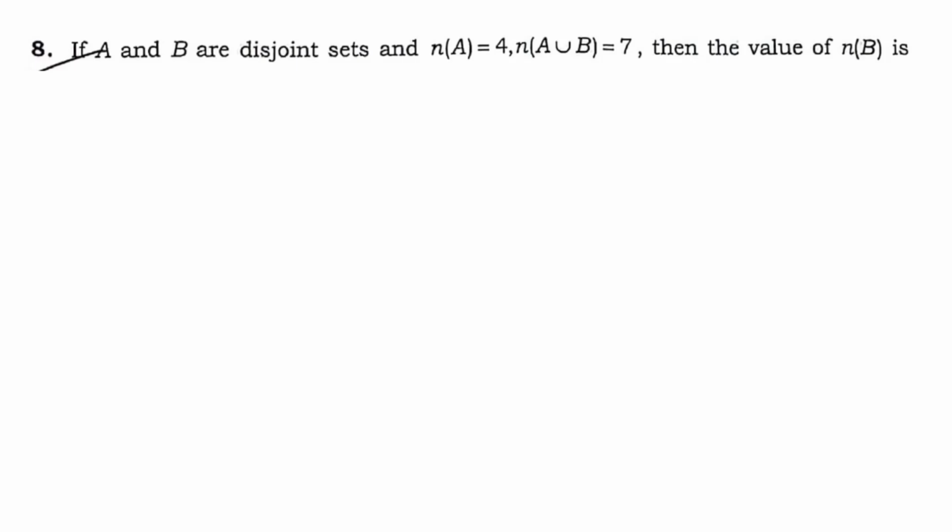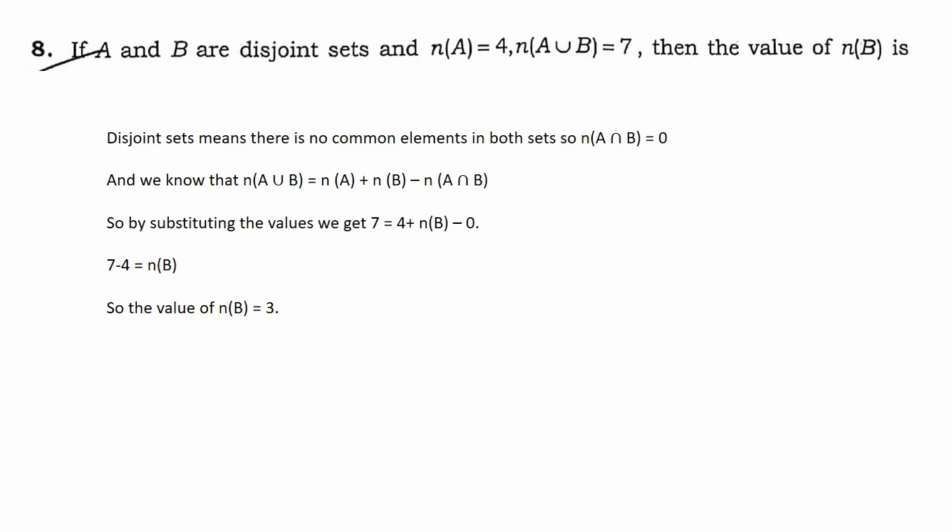if A and B are disjoint sets and n of A equal to 4, n of A union B equal to 7, then the value of n of B. So first of all, disjoint sets means there are no common elements in both sets.